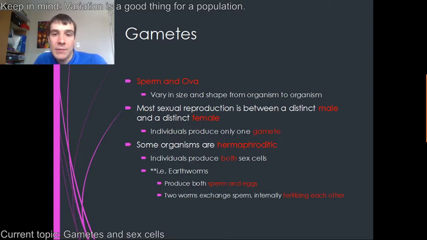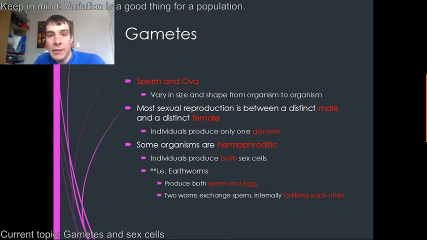Most sexual reproduction is between a distinct male and a distinct female. We won't get into hermaphrodites and things like that. The male is defined as the organism that produces the sperm, and the female is the organism that produces the egg. Typically, the female will carry the children as well, with some exceptions, like seahorses.